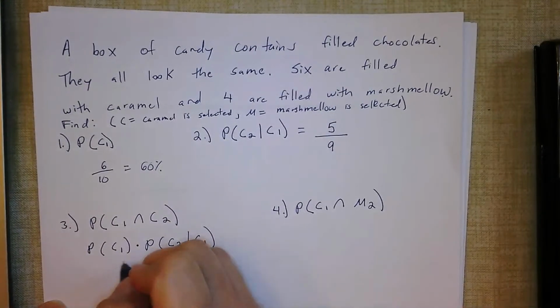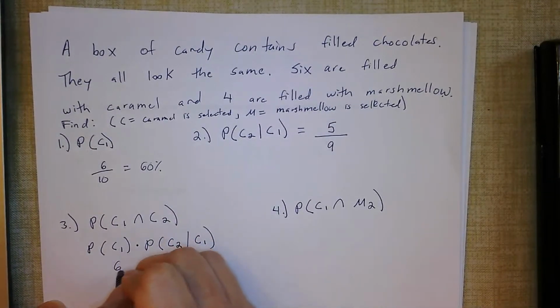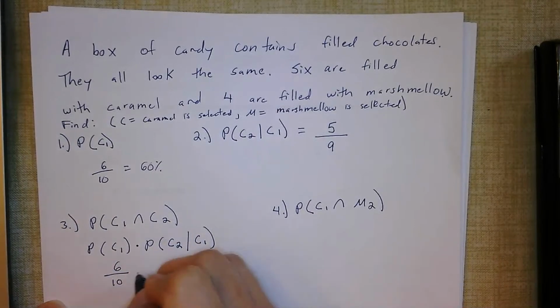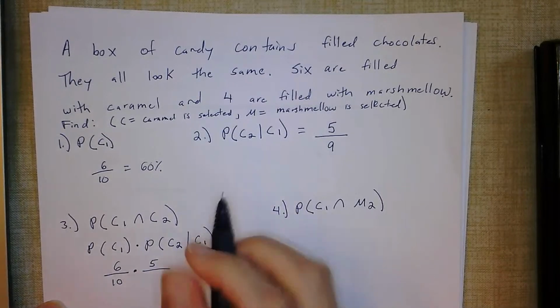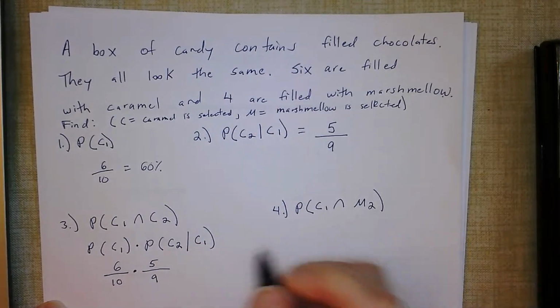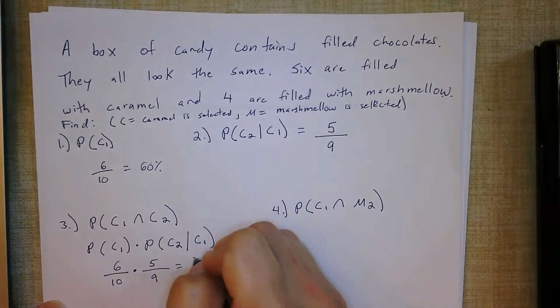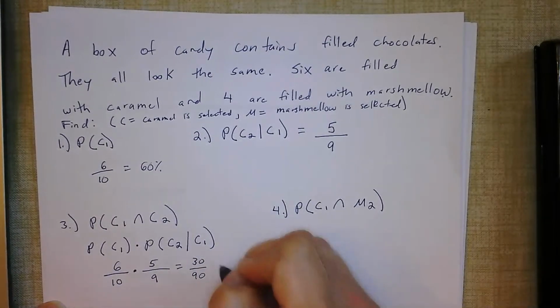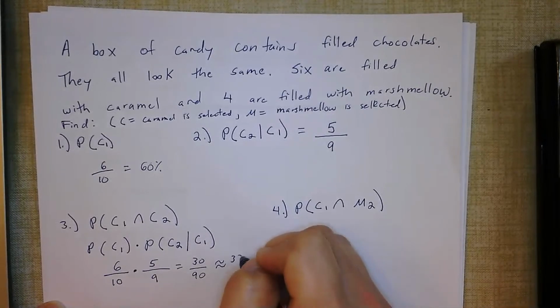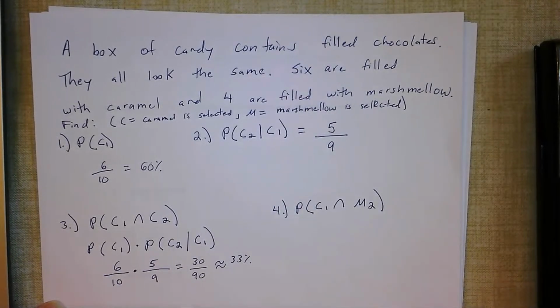So now we're going to say caramel on the first times caramel on the second, because now there's only 5 left again. And when I multiply that across, I get 30 out of 90. Oh, that's nice, which is approximately 33%.